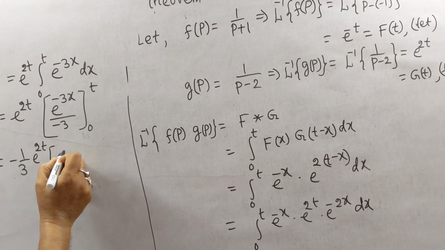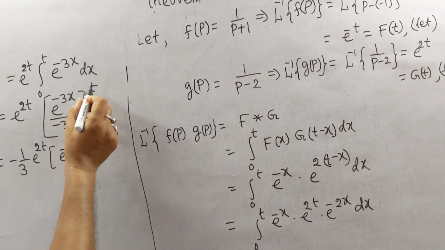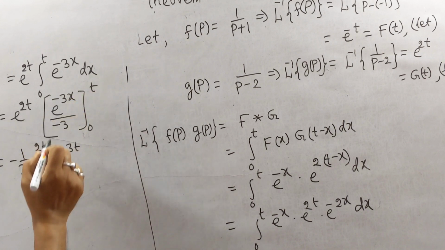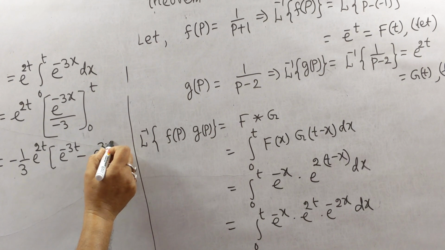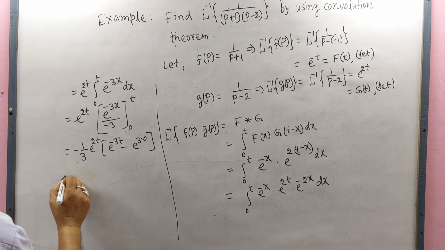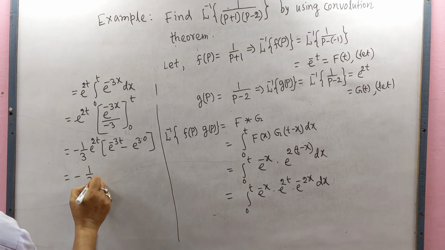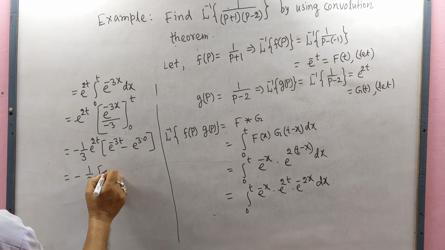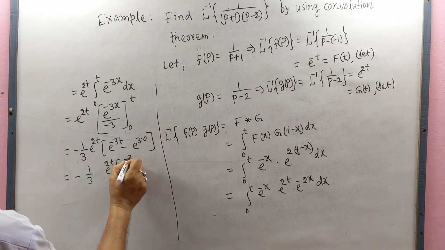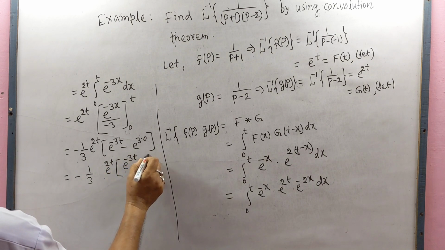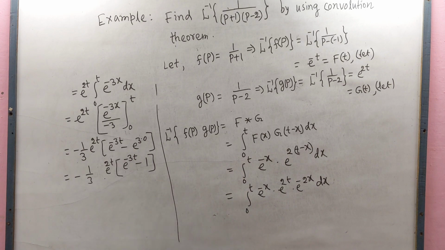Here applying the limits, e to the power minus 3t minus e to the power 3 into 0. So minus 1 by 3 e to the power 2t, (e to the power minus 3t minus 1). This is the required result.